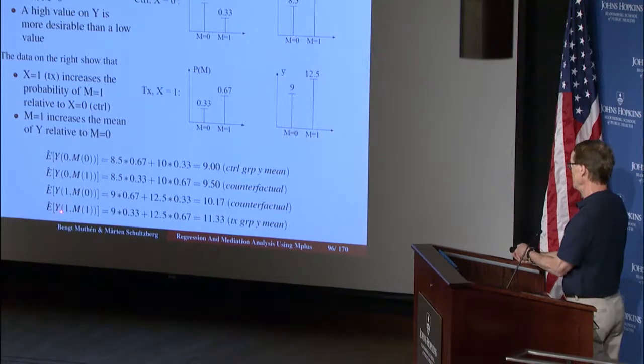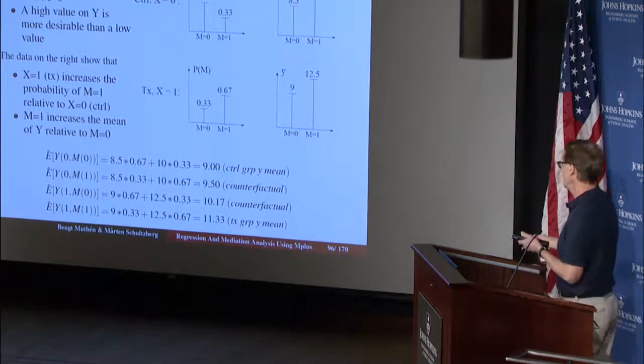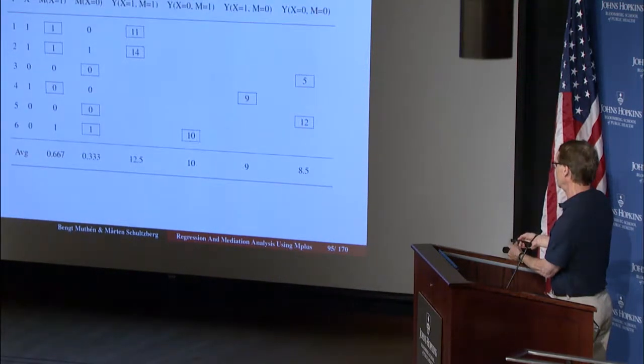So what we do then, if you look at the bottom here, this is the treatment group mean. So x has the value 1, and m varies as it does when x is 1. Let's see, where do we have that?